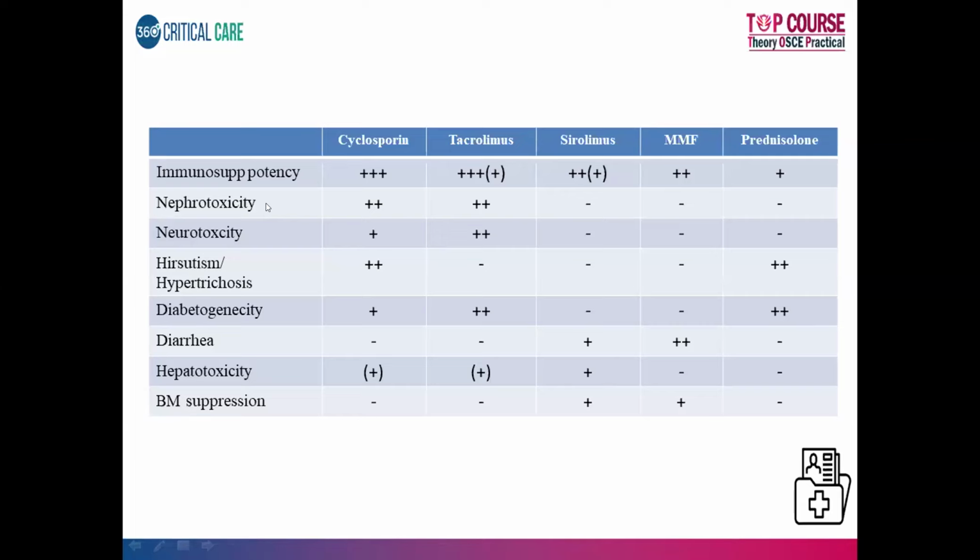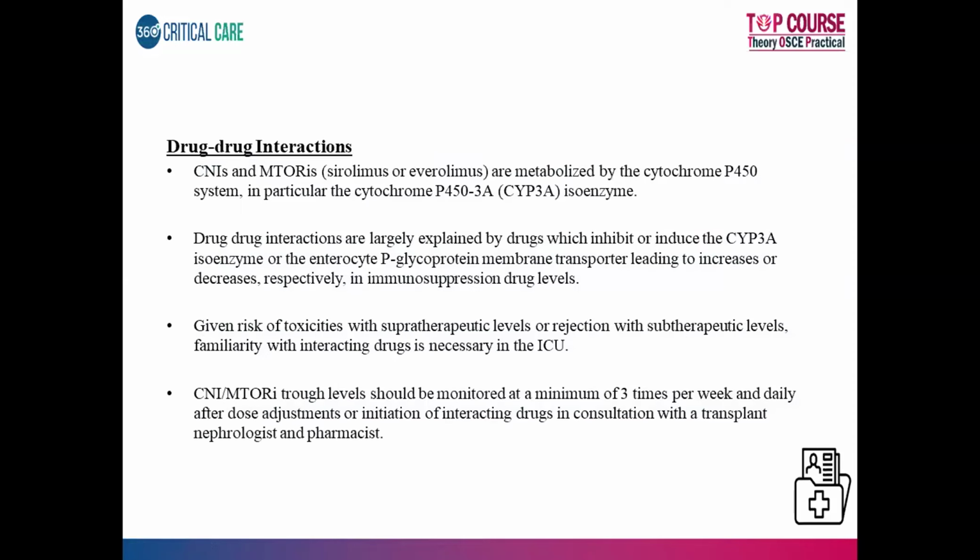Post-transplant diabetogenicity is more common with tacrolimus and steroids. Diarrhea is more common with MMF, and hepatotoxicity is more common with sirolimus. And bone marrow suppression is caused by sirolimus and mycophenolate. So these are the common side effects and the immunosuppressive potency which is mentioned in this table.